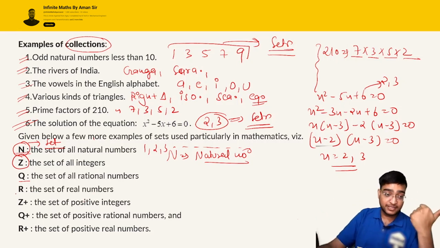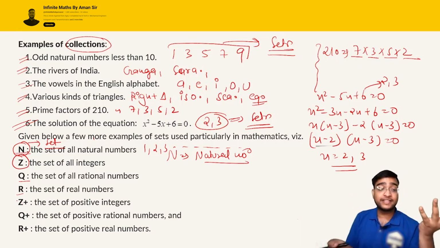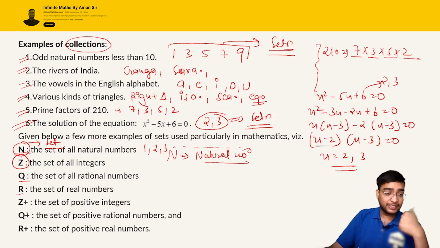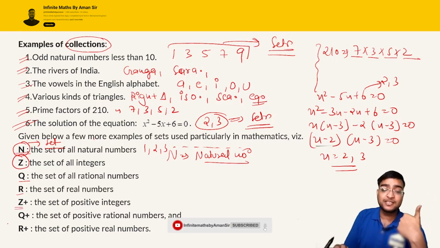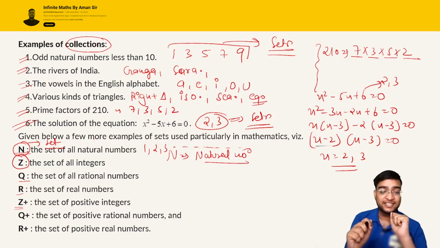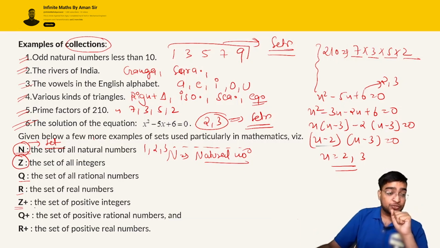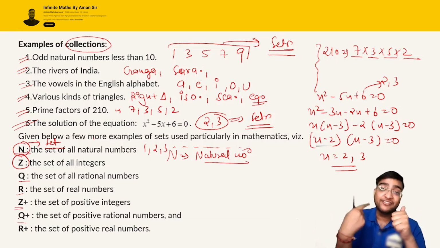The real numbers are represented by R, and the collection of all real numbers is also a set. Z plus represents the positive integers, and Q plus is the positive rational numbers.